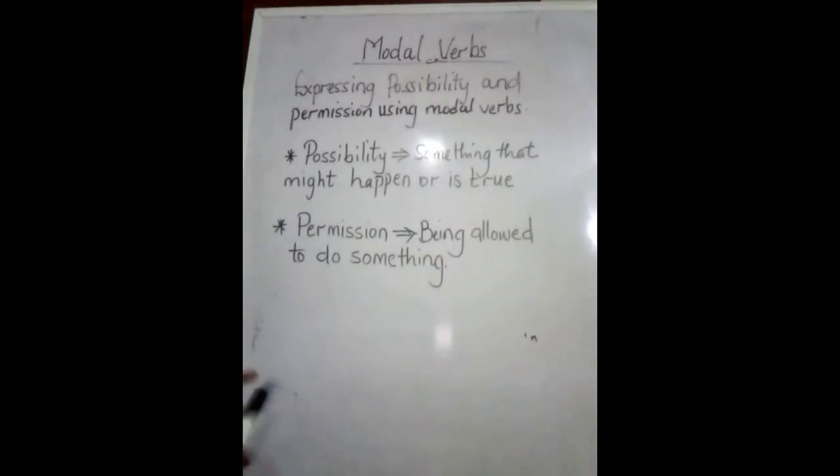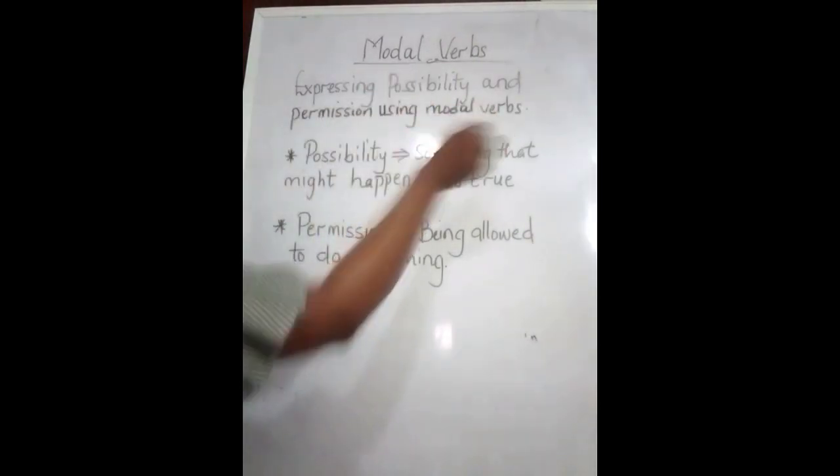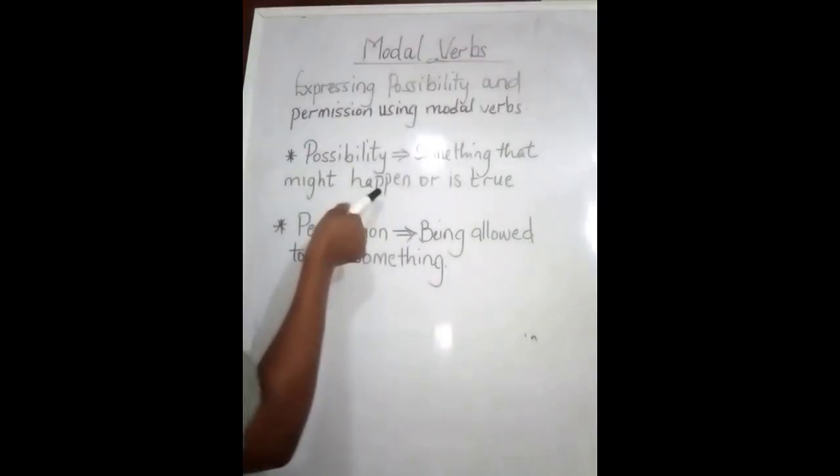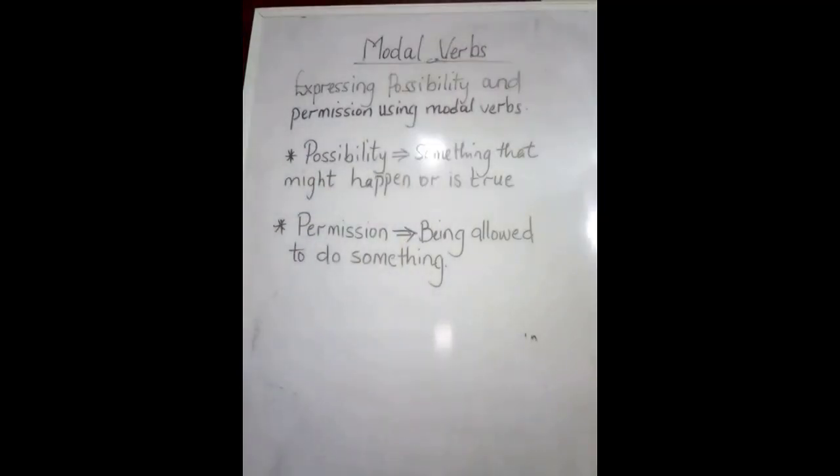So before we go ahead to look at the possible ways that these modal verbs can be used in expressing possibility and permission, let's quickly take a look at what possibility and permission mean. Okay, so what's possibility? Possibility is something that might happen or something that is true.